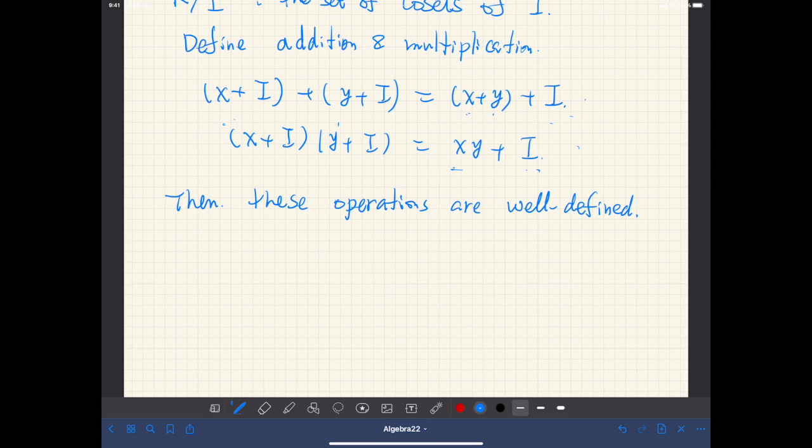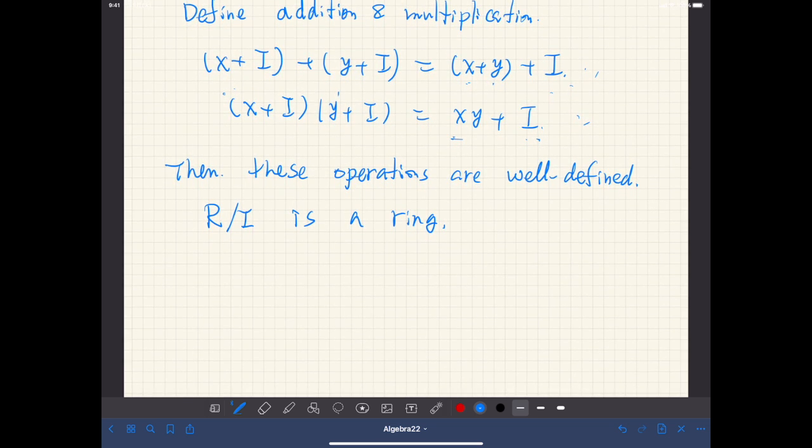And under these operations, R by I is a ring. And furthermore, the mapping from R to R by I, mapping each element x to x plus I, is a homomorphism.